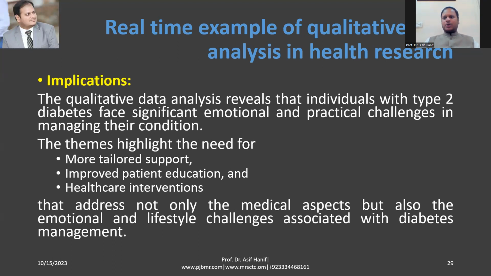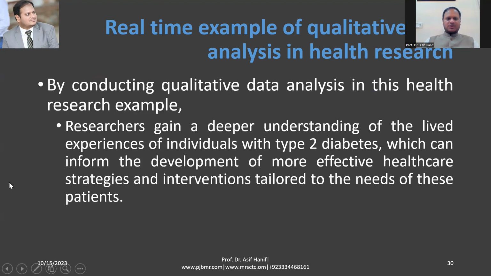When someone is diagnosed with diabetes mellitus, he may have emotional issues, he may have psychological disorders, he may become psychologically ill after the diagnosis of type 2 diabetes mellitus. He may have challenges with adherence to the treatment, and the other related things that you developed from the themes need to be implemented, need to be sorted out through the policymakers or through the stakeholders.